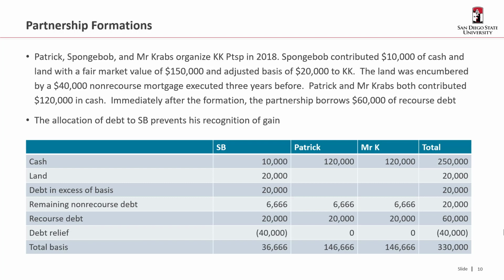So you can see they all get $6,666. Then there's the $60,000 of bank debt. And then lastly, SpongeBob enjoys debt relief, and that affects his basis because obviously he's being relieved of debt. And again, that's treated as a deemed distribution of cash. And a distribution of cash lowers your basis. So as a result, you can recalculate the total basis for each of these partners.